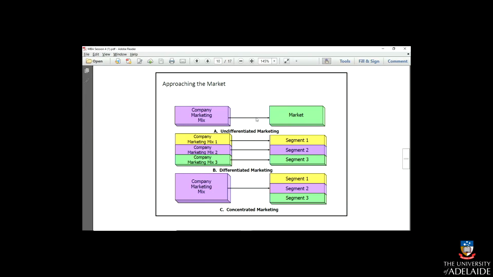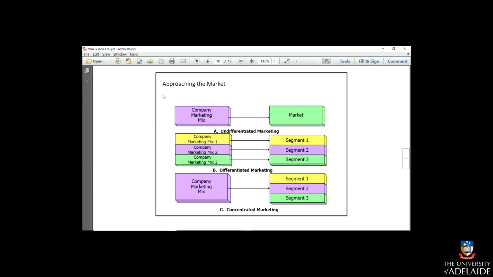So concentrated marketing. Oh, my mistake. I'm reading my picture wrong. We decided we're only going for one segment, basically. And then companies with lots of capabilities, they can do a low sugar, they can do a South Australian produced brand, they can do all sorts of things, marketing mix to different segments.